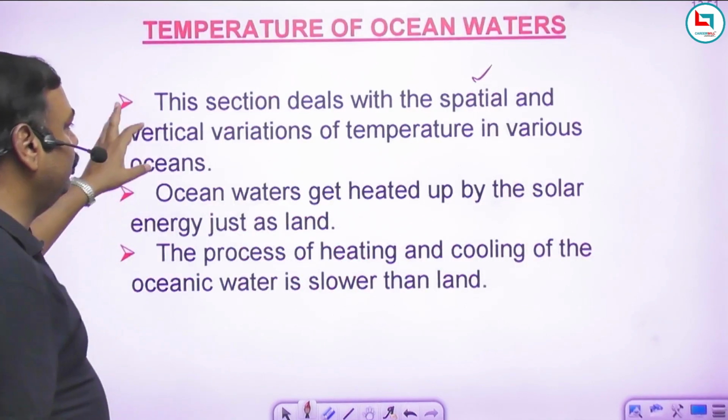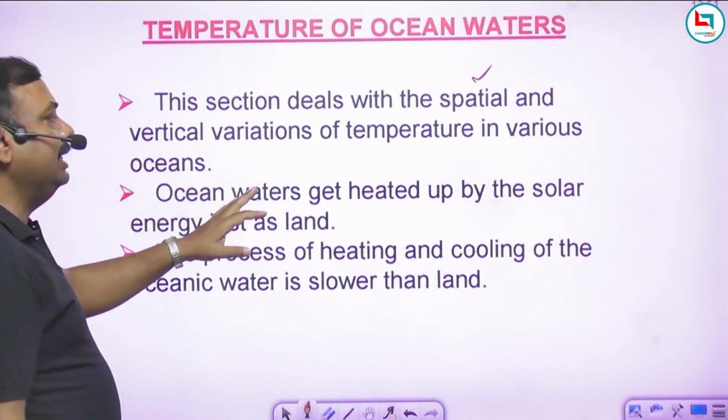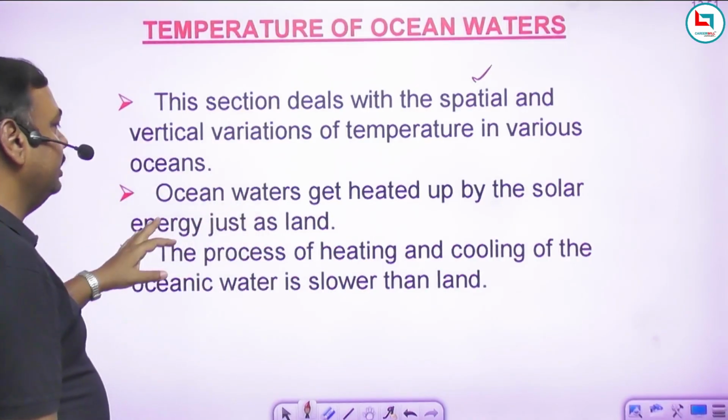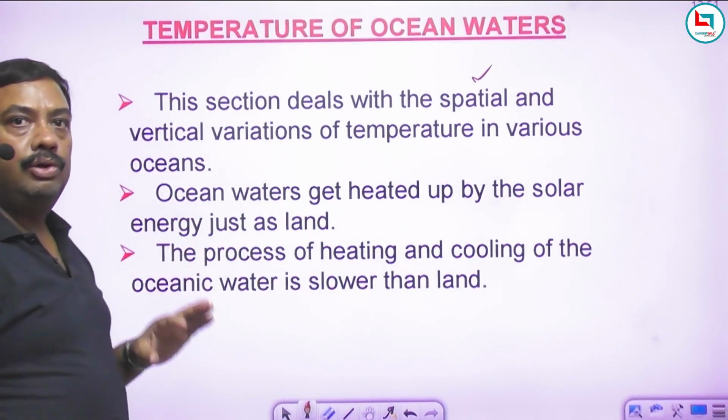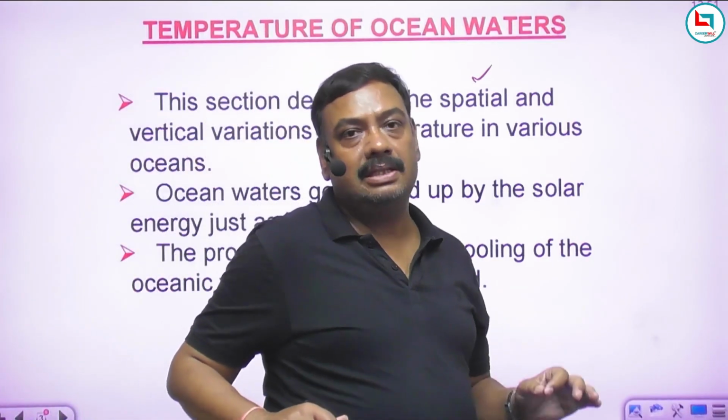Okay, now come to this section. As I told you, ocean water gets heated up by the solar energy just as land. I told you about the land, but there is a kind of difference here.